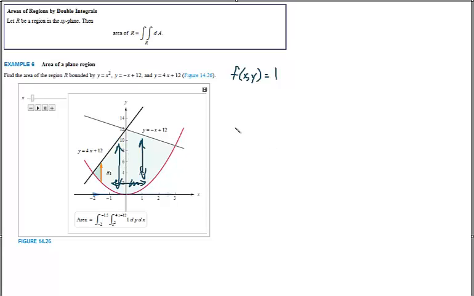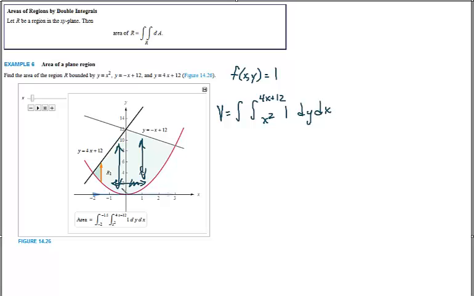So for my first double integral, since I'm integrating with respect to y first, the top function is 4x plus 12. The bottom function is just x squared, and that is a 1 dy dx.